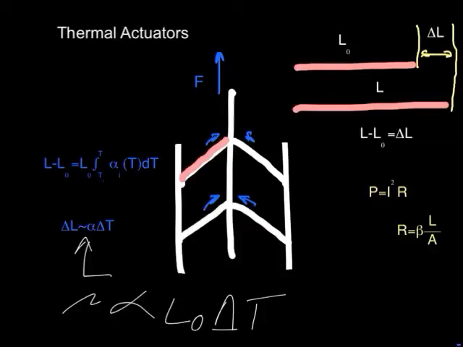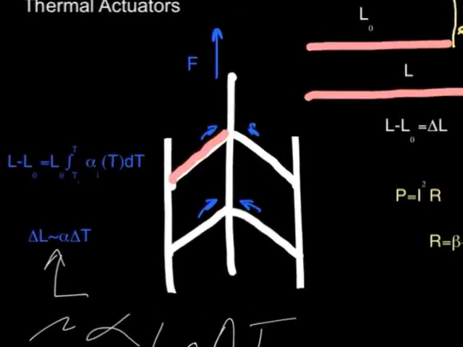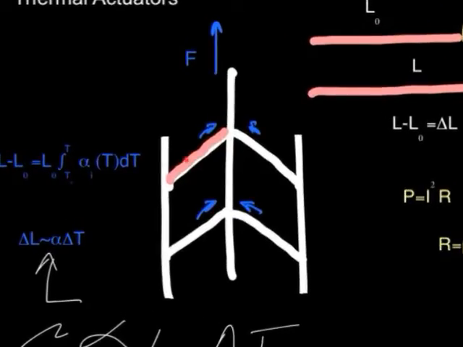And if you think about it, if I have a longer beam and I change the temperature by the same amount, the delta L will be more because there's more stuff expanding. Does that make sense? Okay, so this is some of the math. Now if I arrange these beams like I did here, and these are fixed, these aren't going to move, and this is attached to the beams, this shuttle here, we'll call that a shuttle.